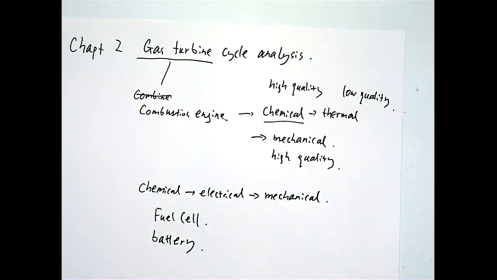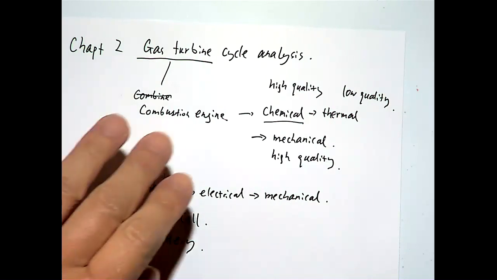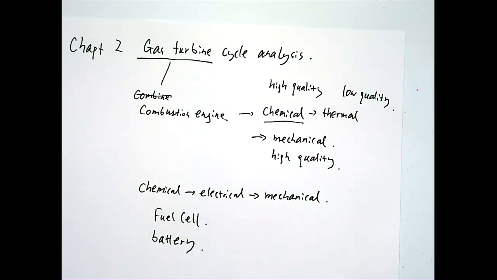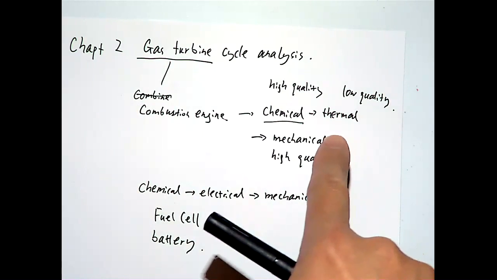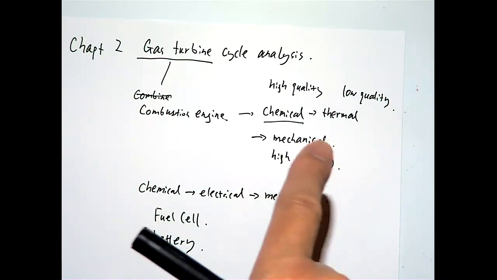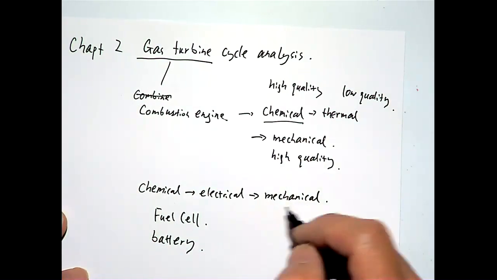A battery essentially has chemical inside. So external electricity is converted to chemical energy stored in the battery, and when the battery is working, it converts that chemical energy to electricity, and then the electricity drives the car or other loads. So these are new processes which are not limited by the Carnot theory or Carnot limit. That's the important thing you want to know.